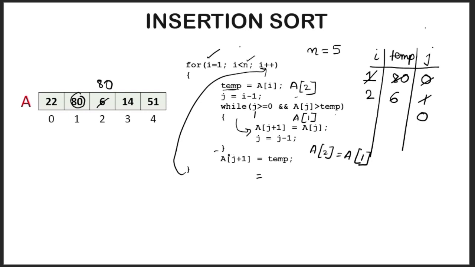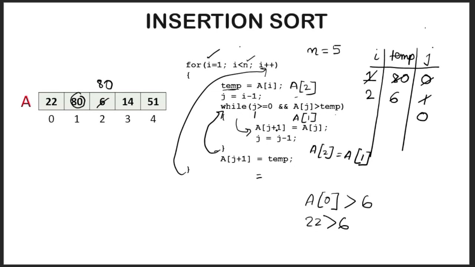Now we are going to come to the next iteration. We will enter the while loop. Again we will check the condition. Is j greater than or equal to 0? Yes. Then we check A of j is greater than temp. What is A of j? A of 0. Is it greater than temp? That is 6. A of 0 is your 22. 22 is greater than 6. The condition is true.